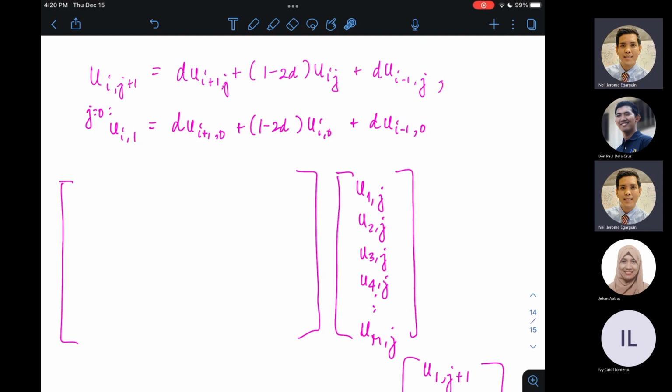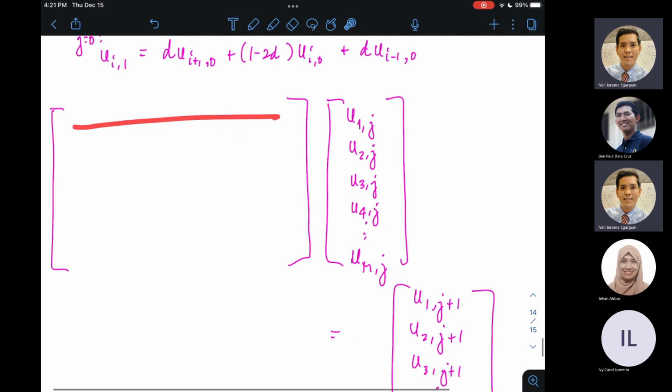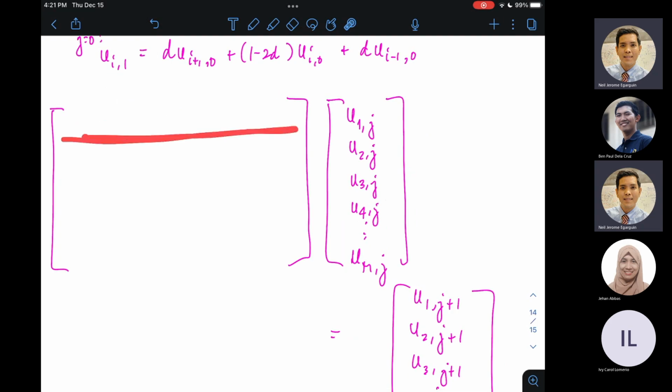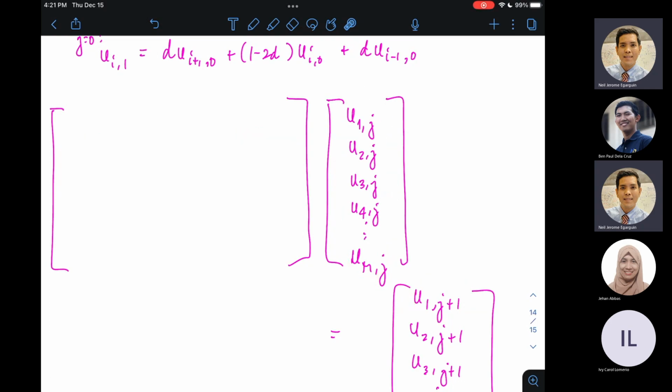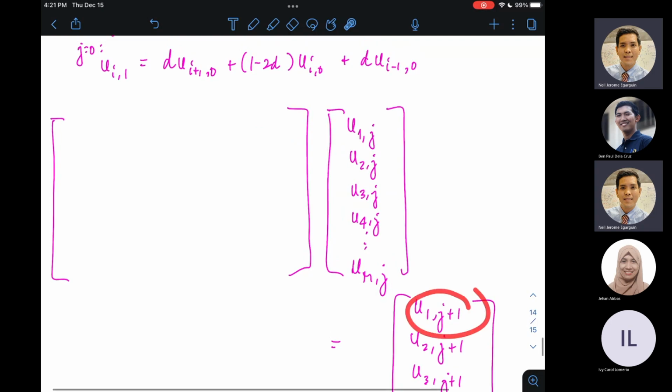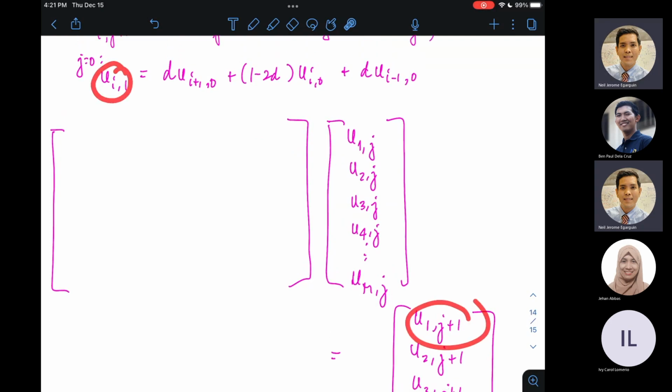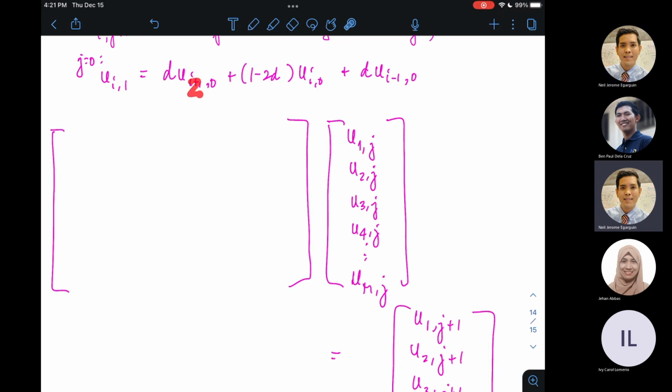Well, ang sabi rito, halimbawa, kapag kasi I ay equal kay 1, kukunin ko yung first row nito. So pagka-perform ko yung matrix multiplication of the first row times this guy, I am supposed to get u sub 1 comma j plus 1. Pero to get u sub 1, j plus 1, I is replaced by 1, I will need d times u sub 2 comma 0, j equals 0.